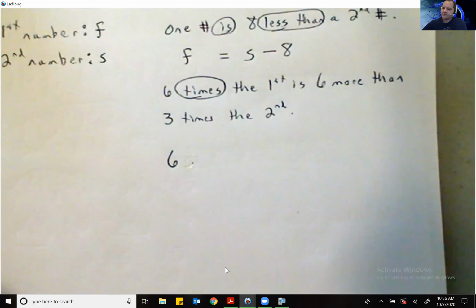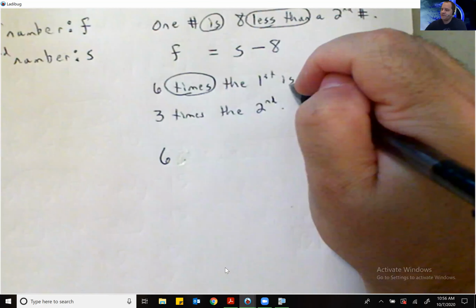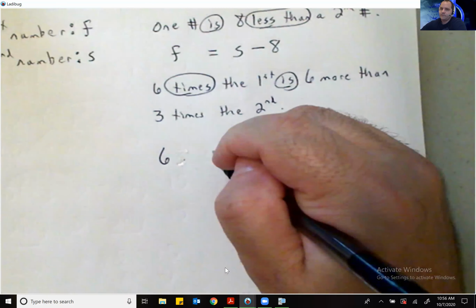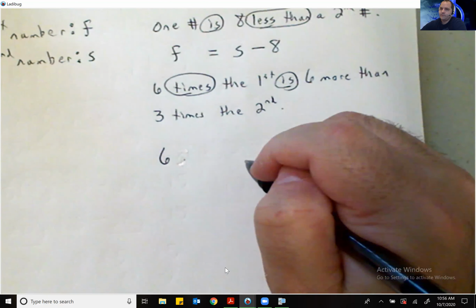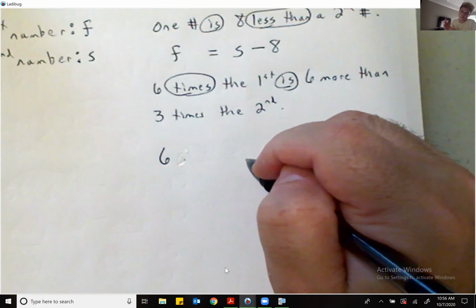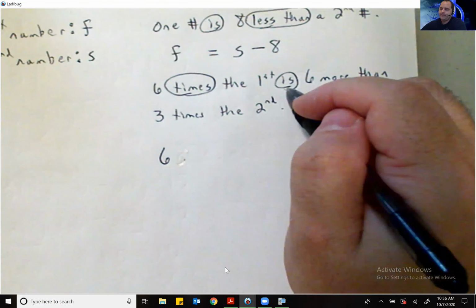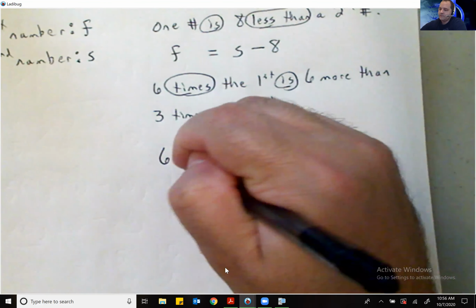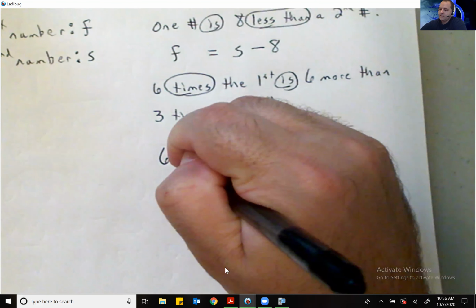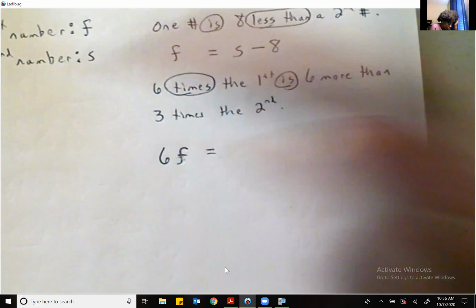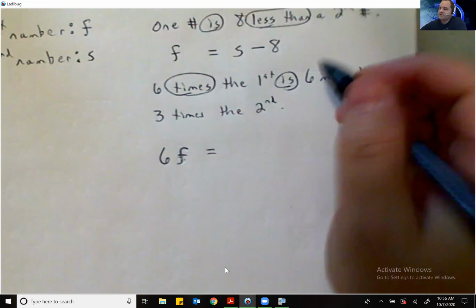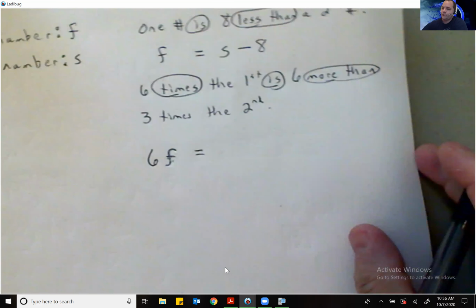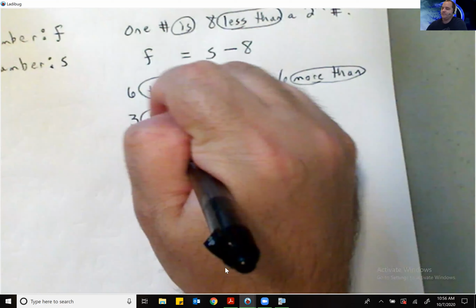I'll let that dry for just a second. "Is" represents what? Equals. So 6F equals, now this says 6 more than 3 times the second.